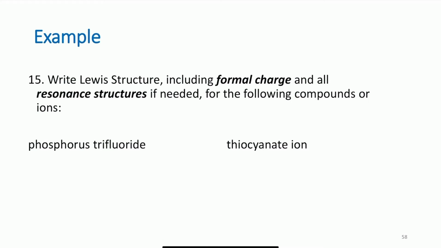Phosphorus trichloride, PF3. Phosphorus has 5 valence electrons, chlorine has 7, and there's 3 of them, so overall I have 26 valence electrons. Connect your fluorines. I think I said chlorine a minute ago. I meant fluorine. Same thing.